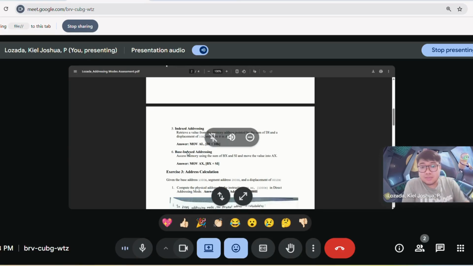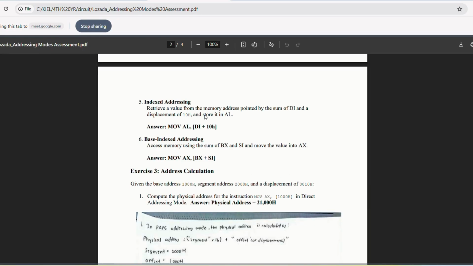So the answer is MOV AL, [DI + 10H], because it tells the CPU to calculate the memory address by adding a fixed number 10H to the value currently in the DI register. This calculated address points to the location in memory where the actual data is stored. The CPU then reads the value from that memory address and stores it in the AL register.